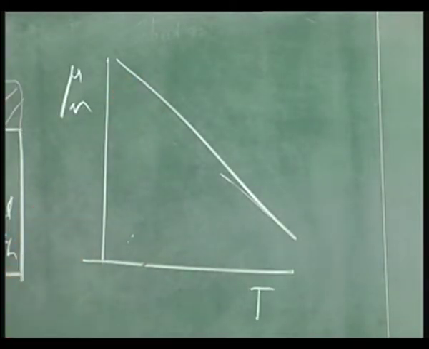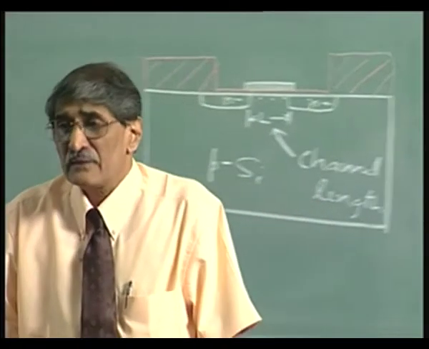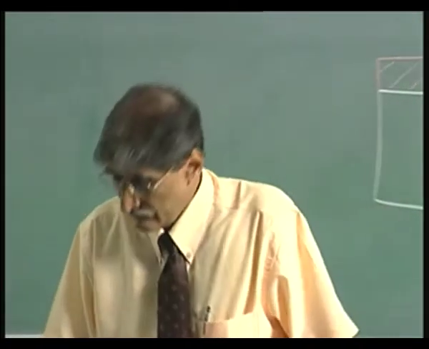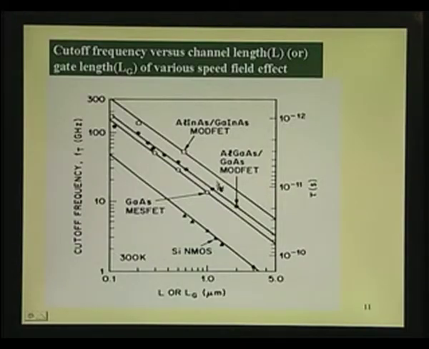So, these are some of the benefits that you can get by switching over to some other material which has superior properties. This curve I deliberately put just to show you the improvements that you can get. You can see almost from 10, 20, 30, 40 gigahertz, go to 300 gigahertz.